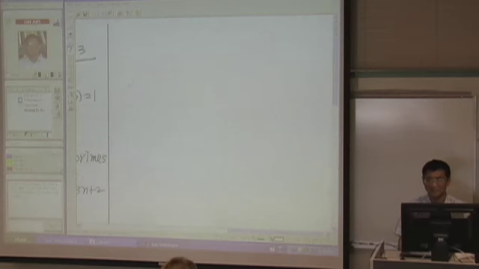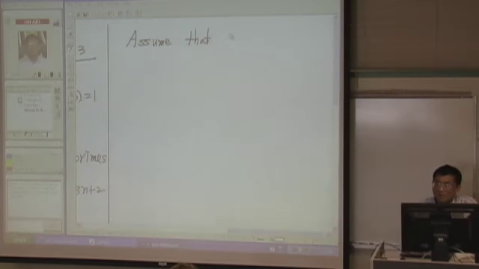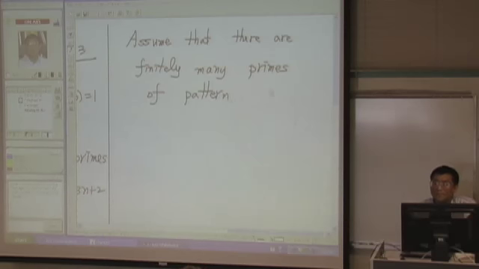Assume not means what? Assume that it's the same statement as the previous one. Assume that there are finitely many primes of the pattern 4n plus 3.